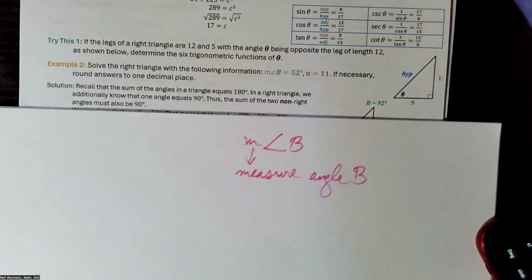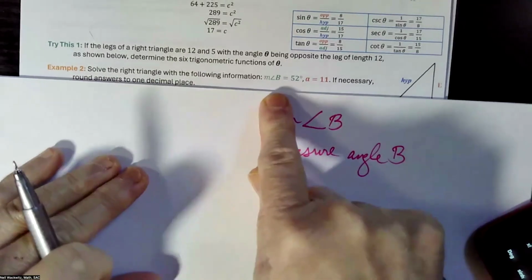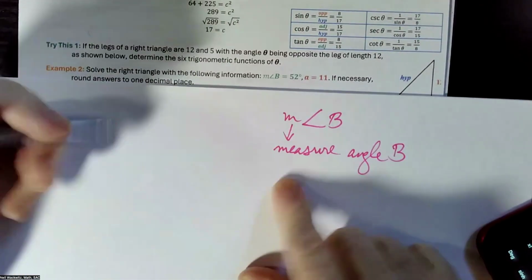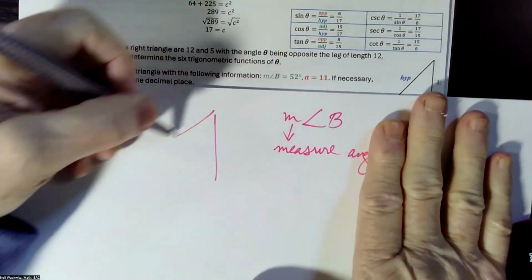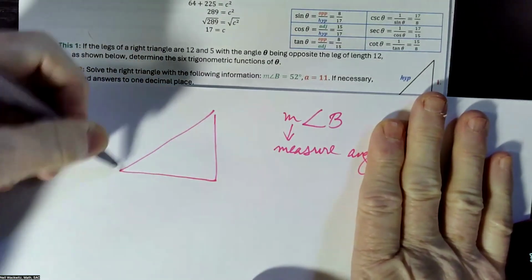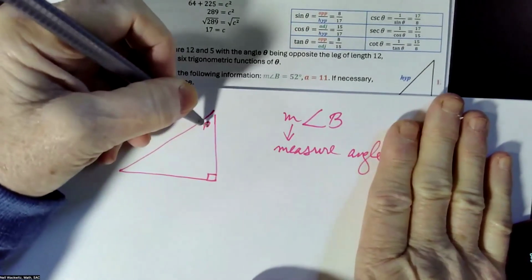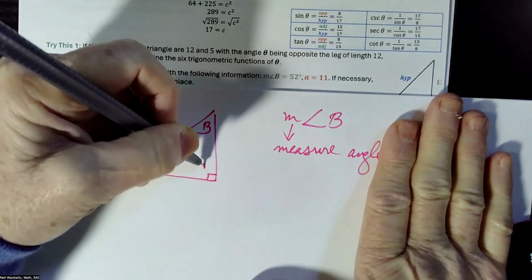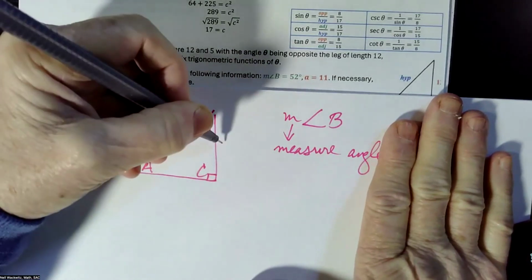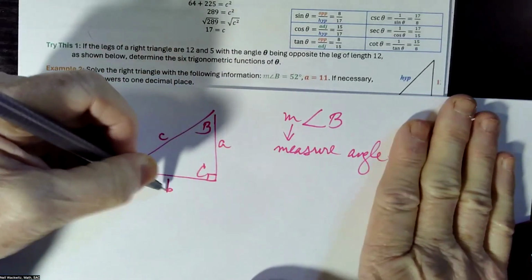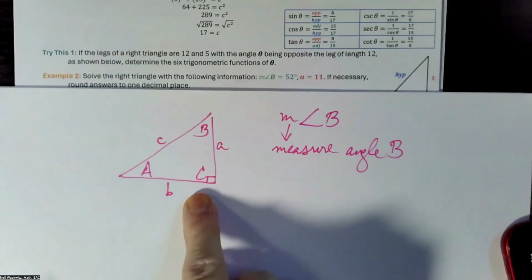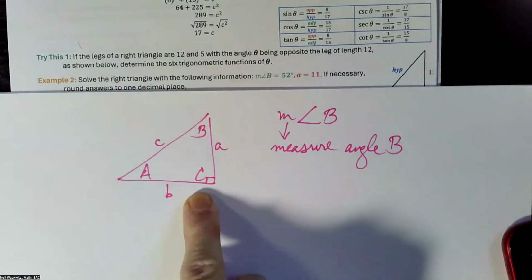So let's solve a right triangle if we only know, let's see. I'm going to go ahead and label everything. So I know that C has to be the right angle for right now.